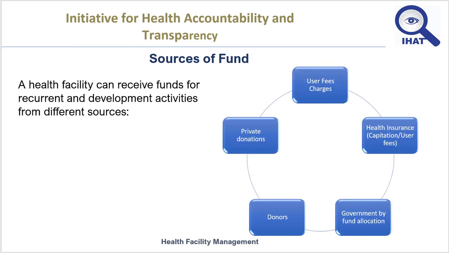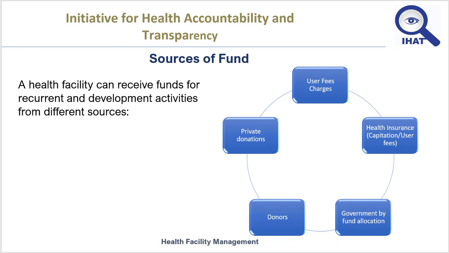A health facility can receive funds for recurrent and development activities from different sources. We have the user fees charges, and health insurance capitation user fees for those facilities that are accredited by the National Health Insurance Scheme or State Social Health Insurance Scheme. We have government, which does fund allocation, which can be in many ways.